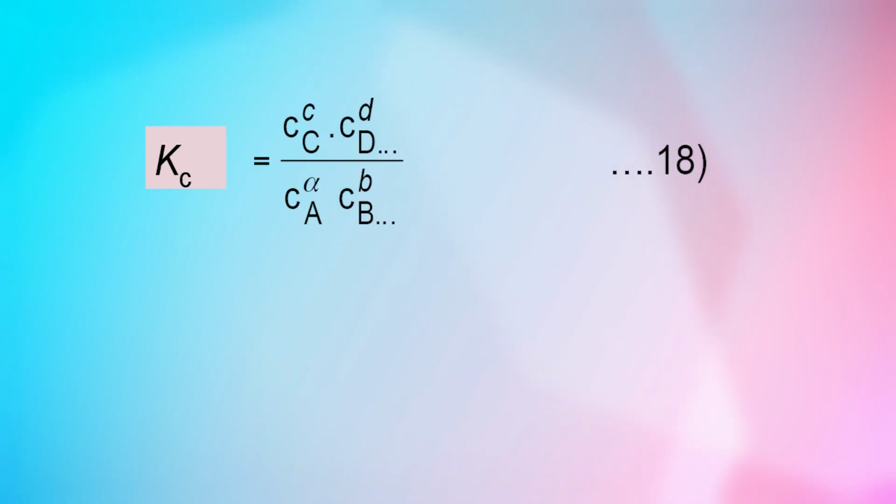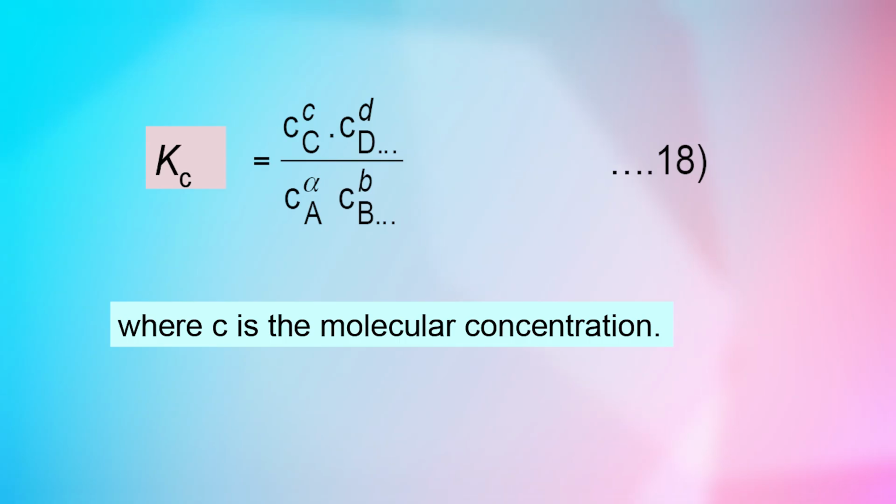So, you get Kc, you can denote it like this in terms of concentration, C raised to the power of the stoichiometric coefficients of the products in the numerator, and in the denominator raised to the power of the stoichiometric coefficients of the reactants, and C is the molecular concentration.